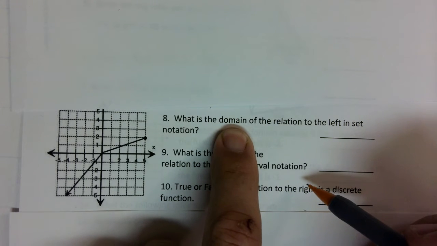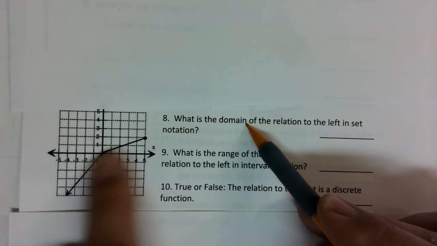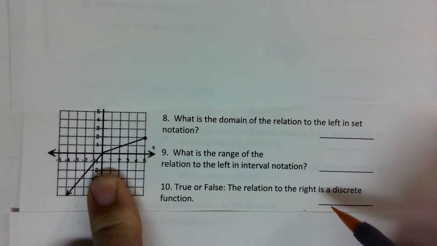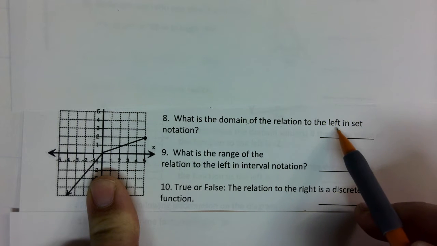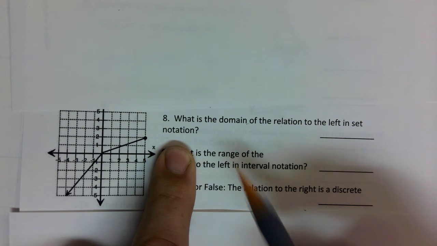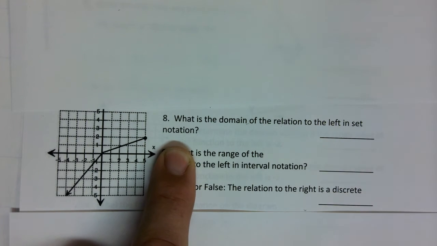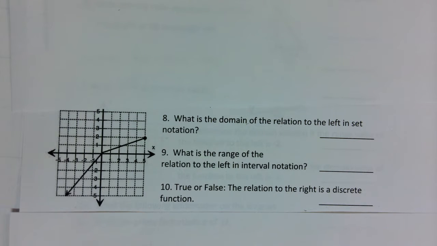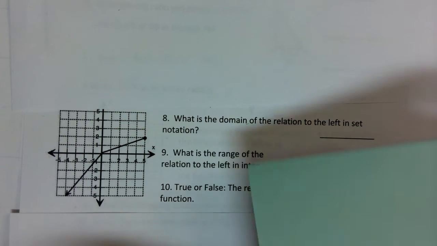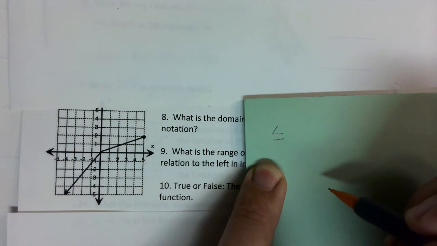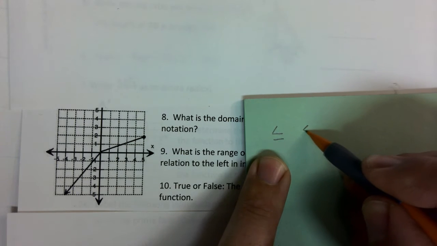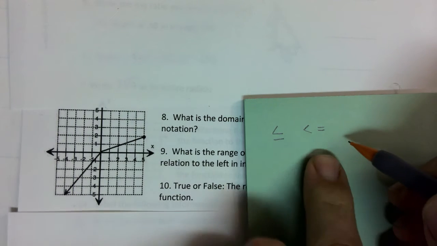We're going to state the domain of this function, of this relation. We don't know if it's a function just yet. Of this relation in set notation. Pay close attention. If you want to refer to this symbol right here, you will type less than like this.